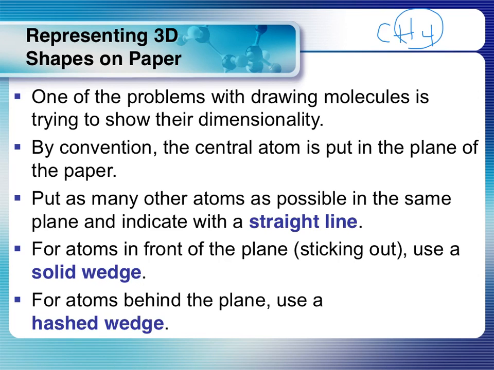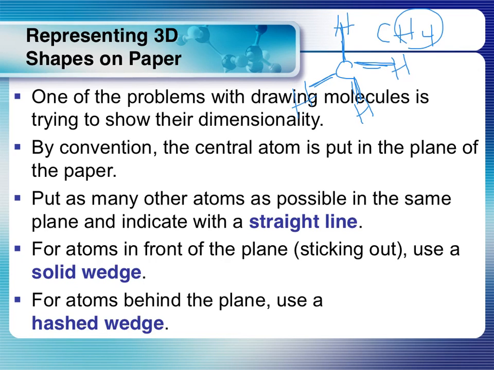Hopefully you've listened to the lecture, and you know that it's a tetrahedral shape. So how do you draw CH4 in a three-dimensional way? I think I told you, think of a tripod with a pole sticking straight up. How do you draw that?